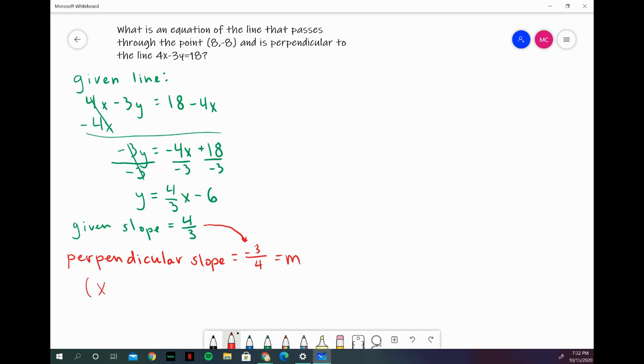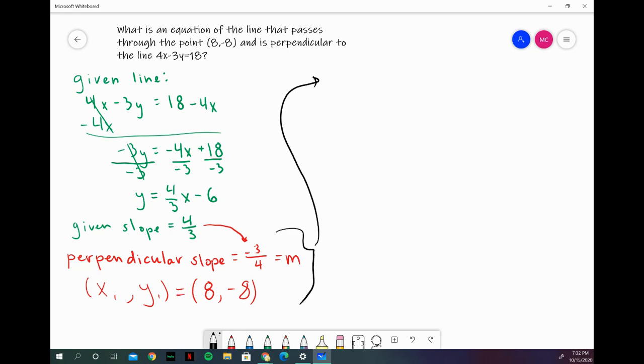So the point that I have, I'm going to name it x1, y1. And that point is 8, negative 8. So I'm going to take all of this good information and plug it into the point-slope formula, which is y minus y1 is equal to m times x minus x1.